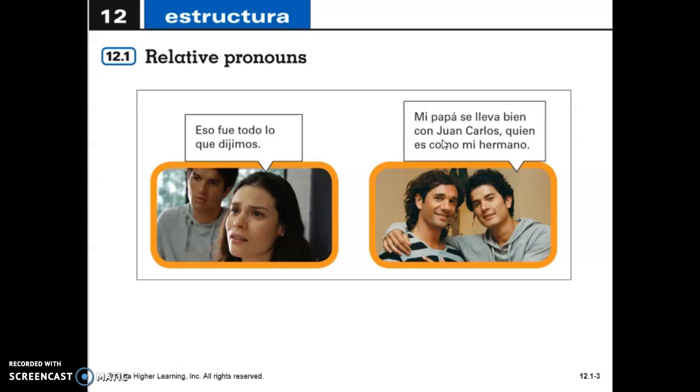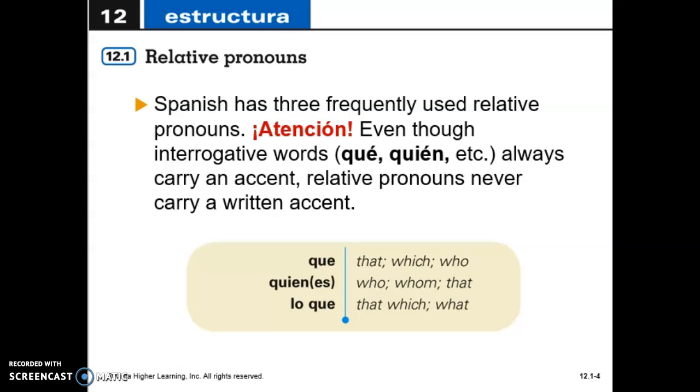So we can see that Juan Carlos is going to be the same subject for both statements. So I'm just going to go ahead and combine them because, like I told you, this is something very common that Spanish speakers do.